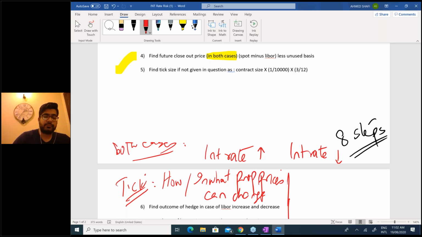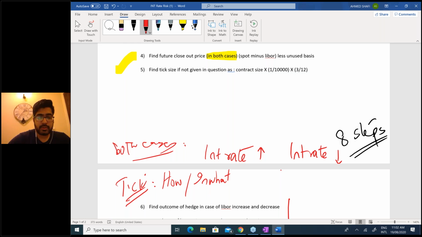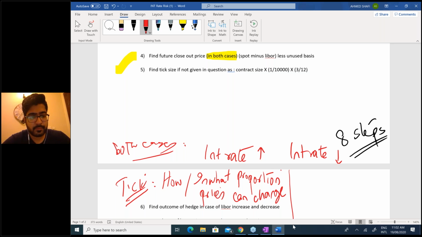How or in what proportion prices can change, that is tick.